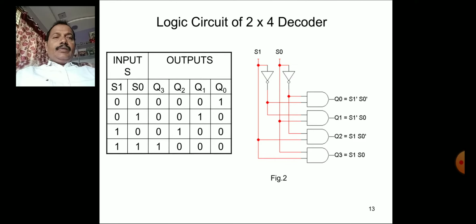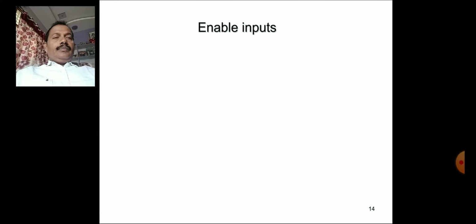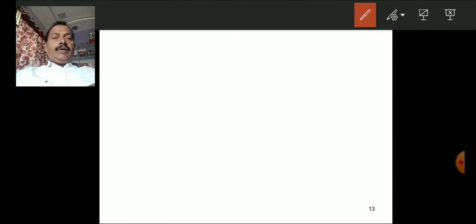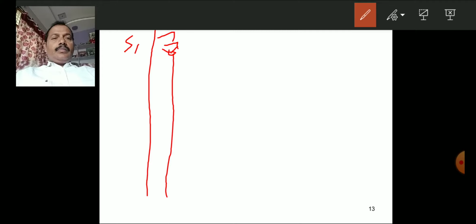For S1, S0 and their S1 bar, S0 bar lines, you connect the respective gates. Let me draw here. S1, S0.